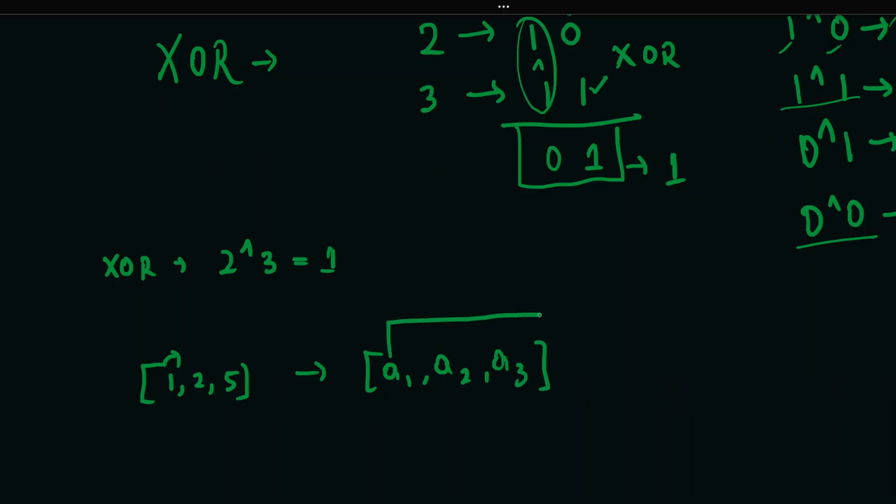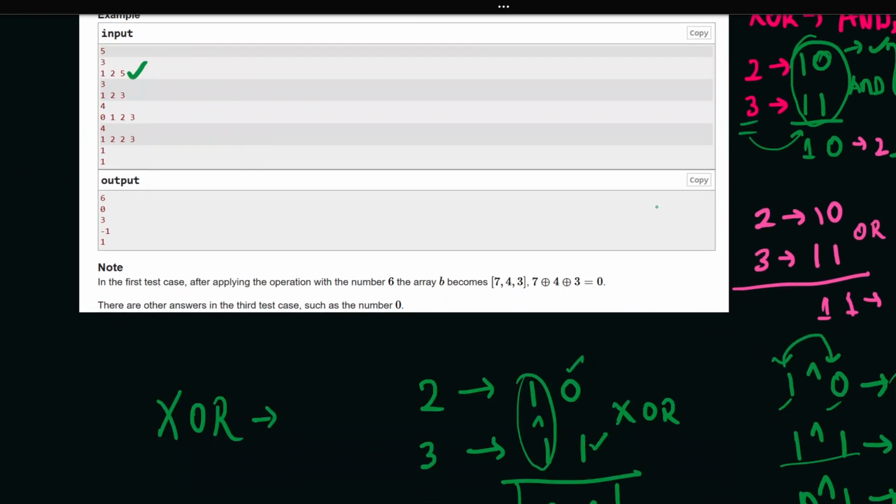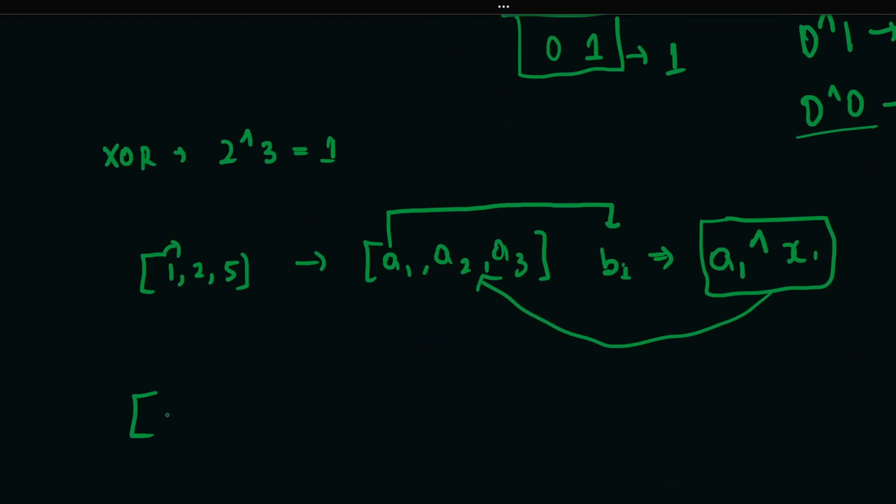Each A1 is represented as something called B1, and B1 is nothing but A1 XOR of X. Now if you do it for every value, we can write it down like this. They're asking we need B1 XOR B2 XOR B3 to be equal to 0, and we need to find that X from here, correct?